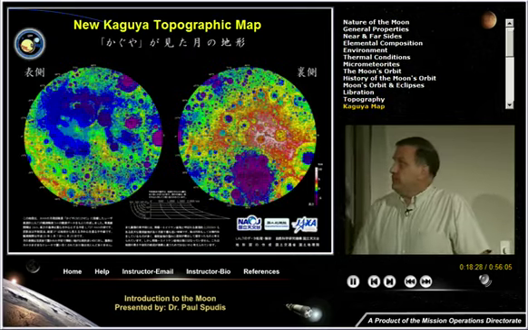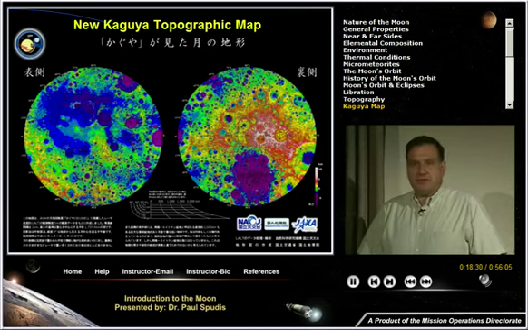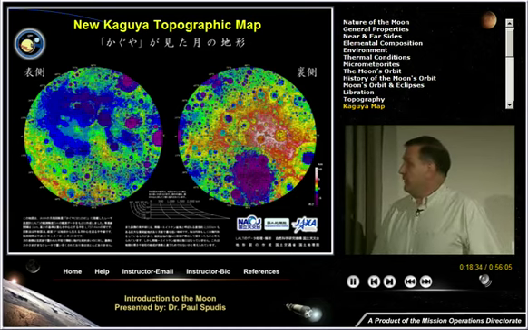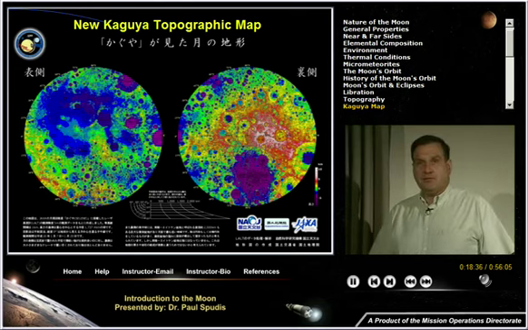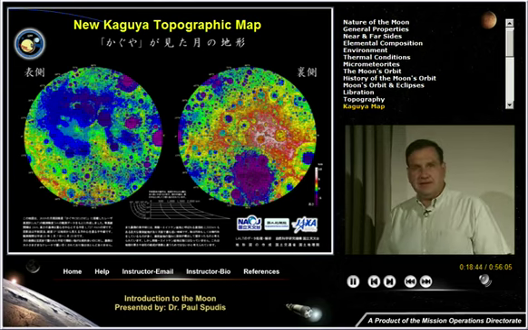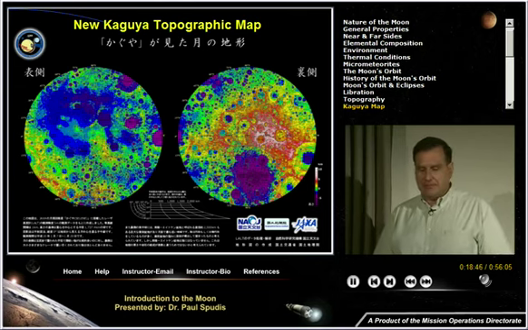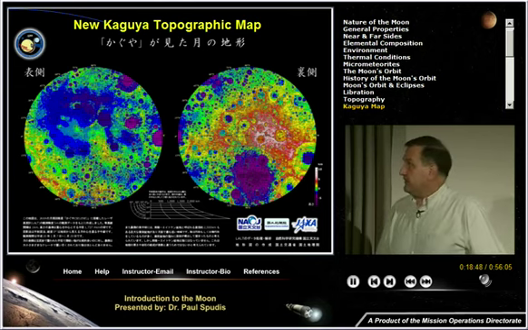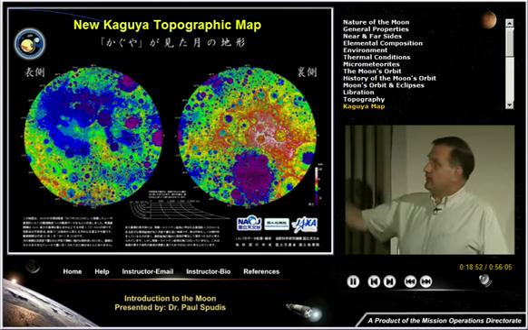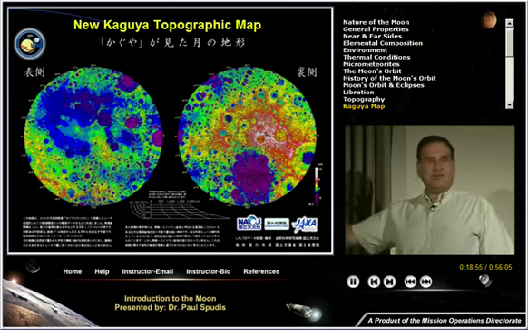I wanted to show the new map that we have. This is the map of the moon from the Japanese mission Kaguya, or Selene, and it confirms a lot of what we thought about the moon from the Clementine altimetry, but we've actually found the moon is even rougher than we thought. It goes from about 10.5 down to about -9 kilometers, so it really is an extremely rough, lumpy body. We also see on this image some very detailed topography on the far side. What it shows is a lot of quasi-circular features.